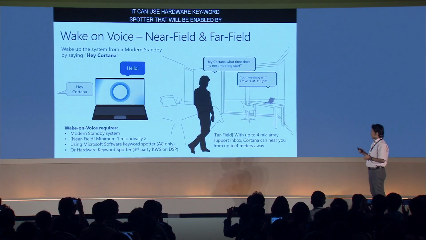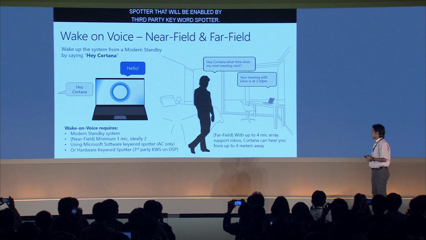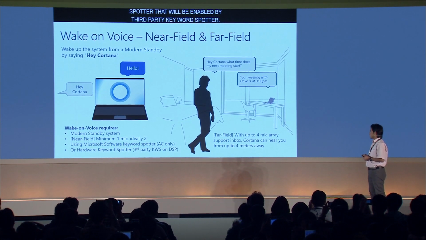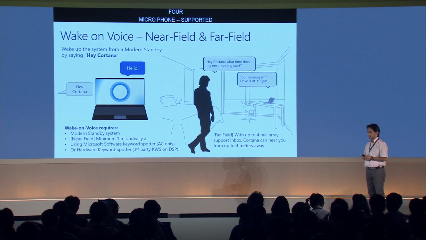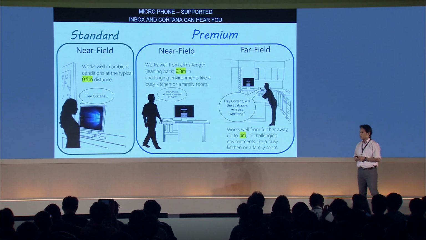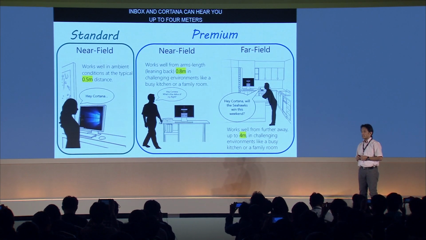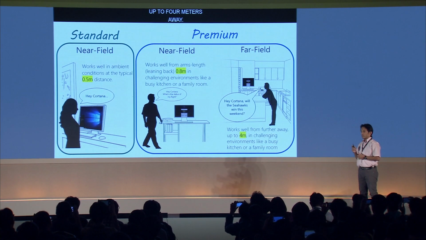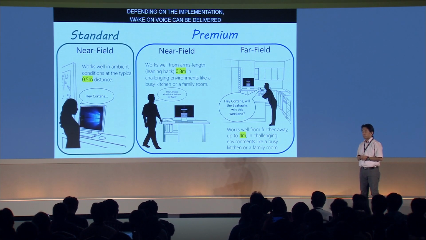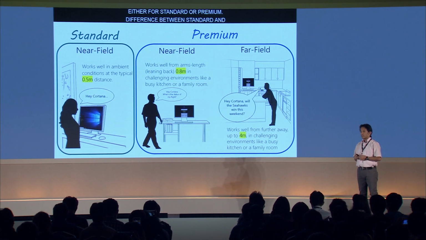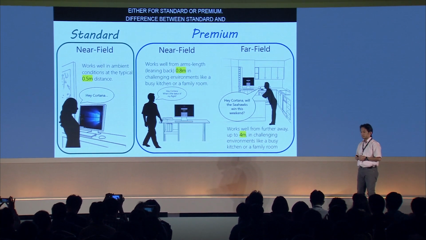For the far field, up to 4 microphone array is supported in box, and Cortana can hear you up to 4 meters away. Depending on the implementation, Wake on Voice can be delivered either for standard or premium. Difference between standard and premium is the distance and how noisy the environment can be when voice is detected through the keyword spotter.